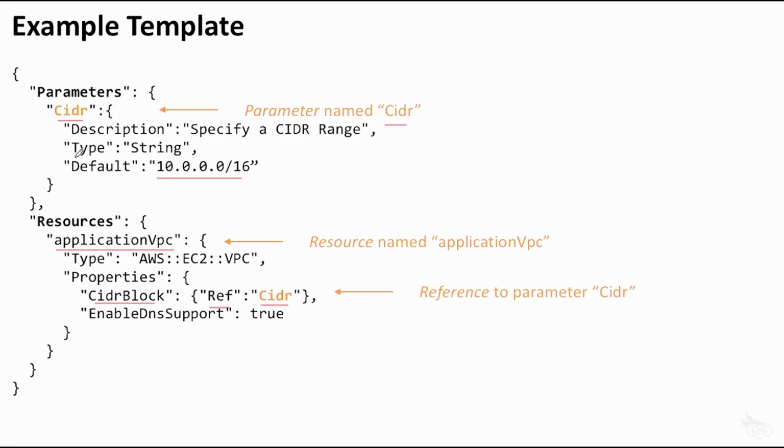So instead of hard coding our IP range here, it allows this particular template to be flexible so that we can launch the same exact infrastructure, perhaps into multiple CIDR ranges. Perhaps we have a load-balanced application that needs to serve different applications, so each one gets their own CIDR range.